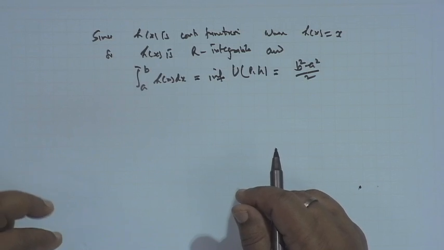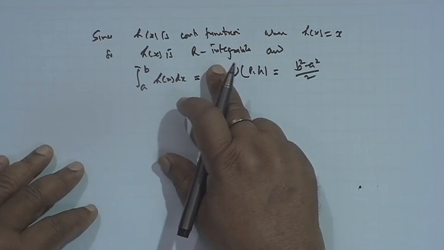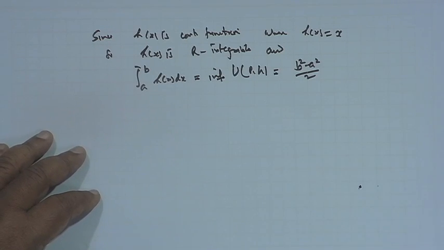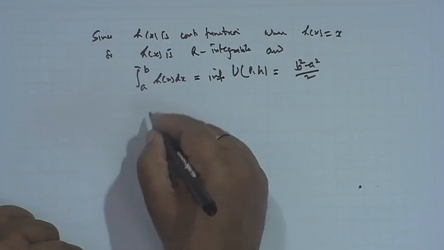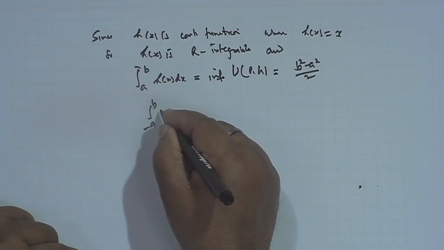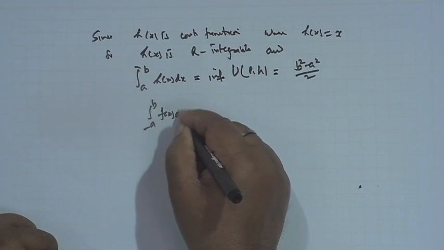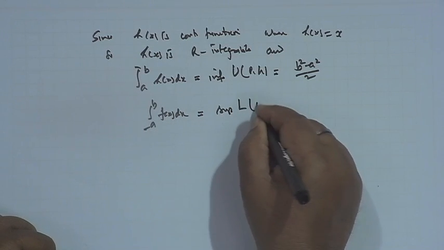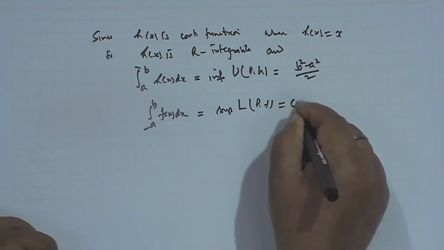So, h is a Riemann integrable function, h is continuous, h is Riemann integrable, and the upper sum is this. Now, when the infimum is taken over all partitions, the lower sum of this f(x) dx, not h(x), is the supremum of L(P, f), which is 0.